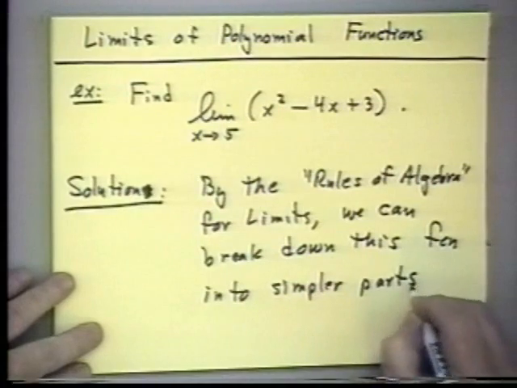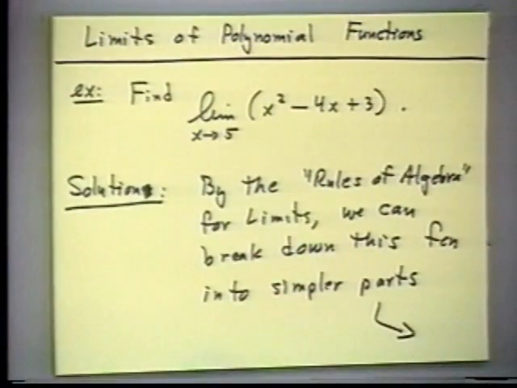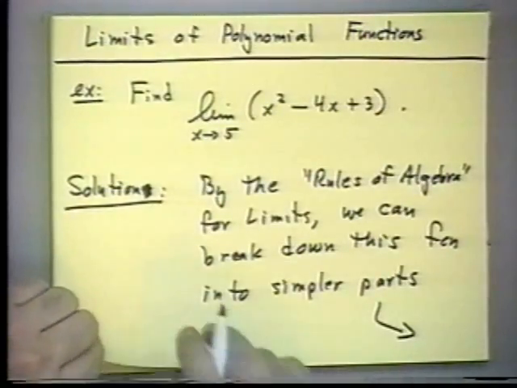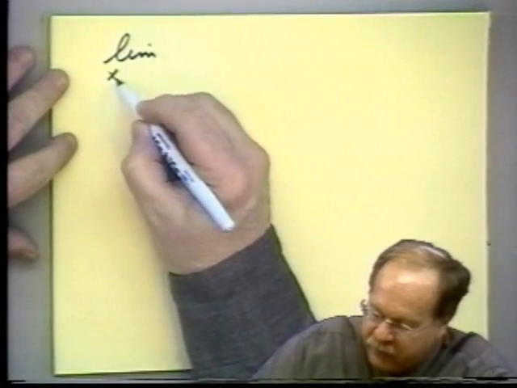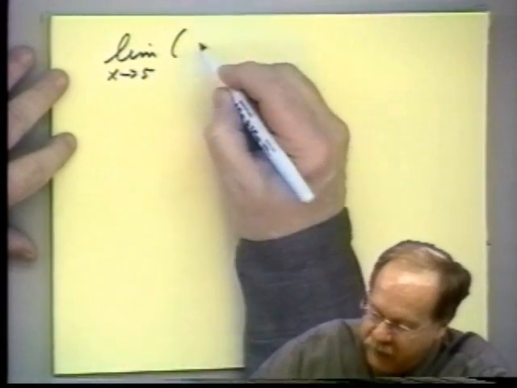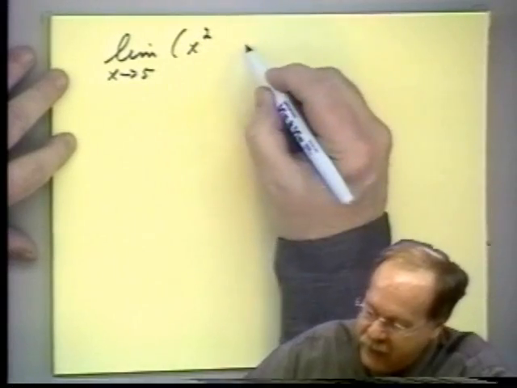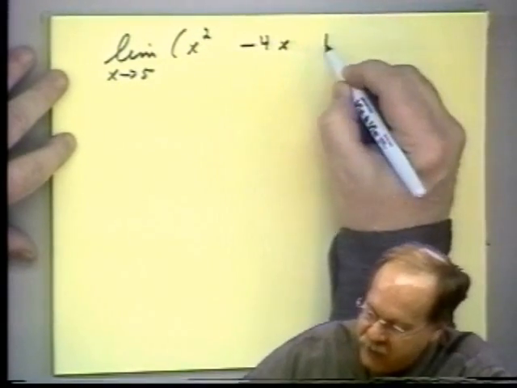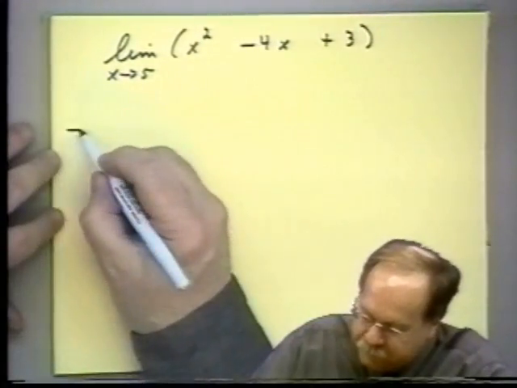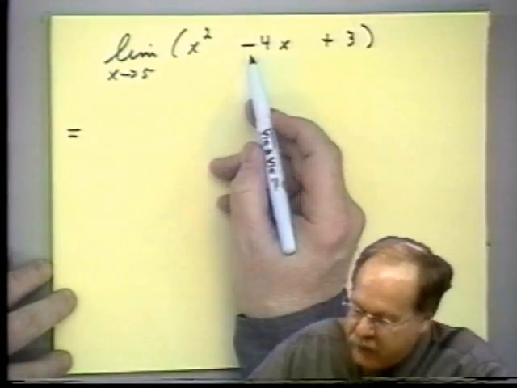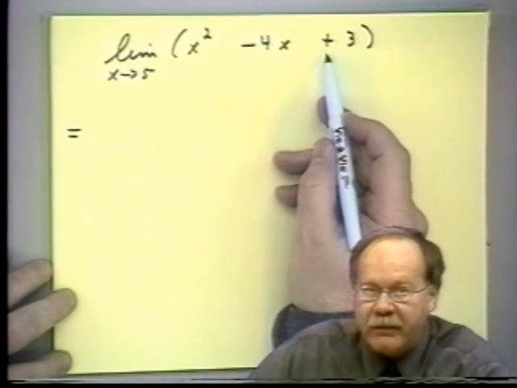And once they're simple, we hope we'll be able to take the actual limit using our basic limits or using one of the properties we've learned. So, let us write out again what we're going to do. The limit as x approaches 5 of, and I'll spread this out a little bit, x squared minus 4x plus 3. Now, the first thing you notice here is that you have a difference and a sum.